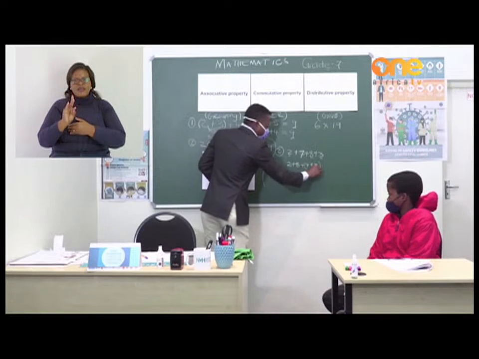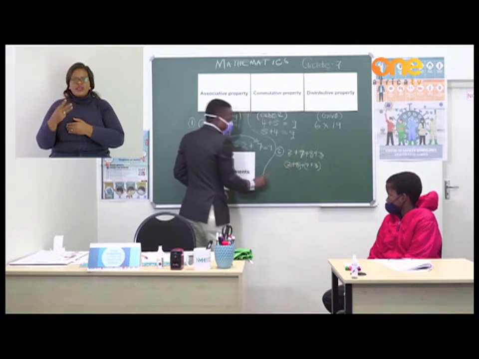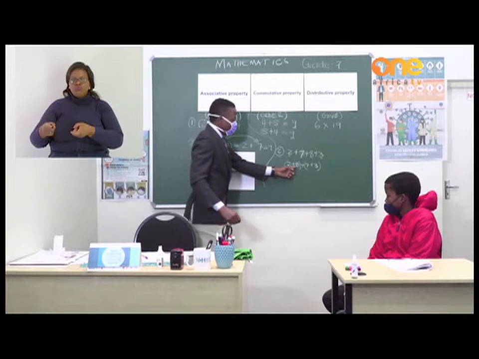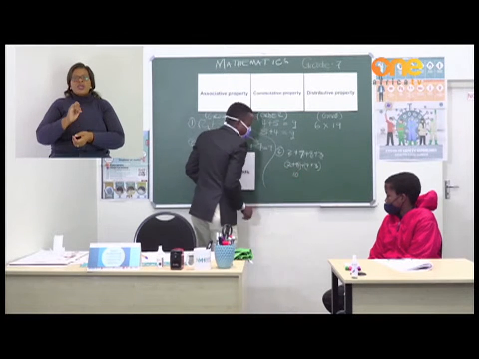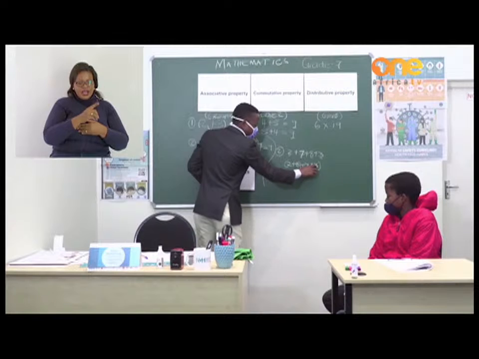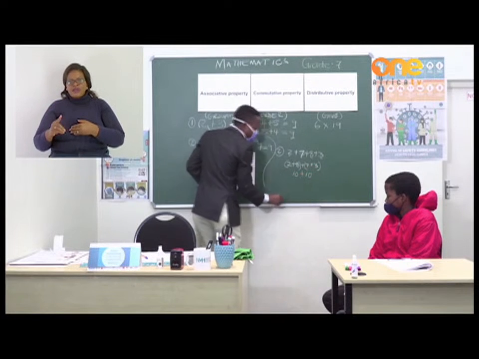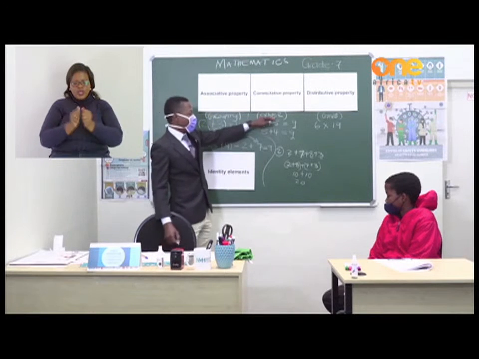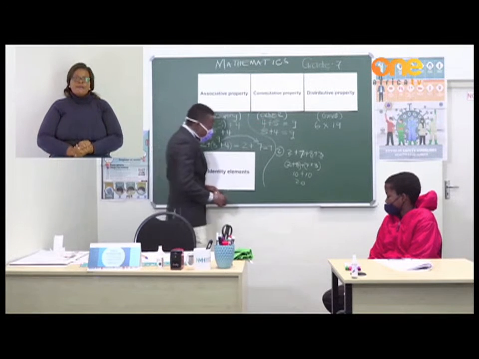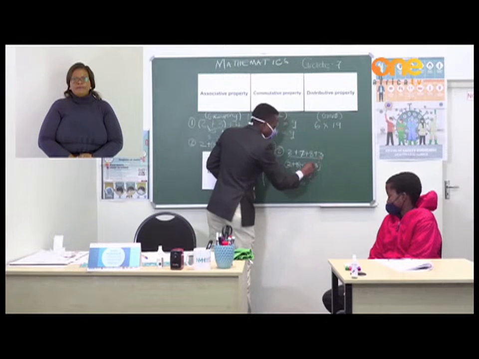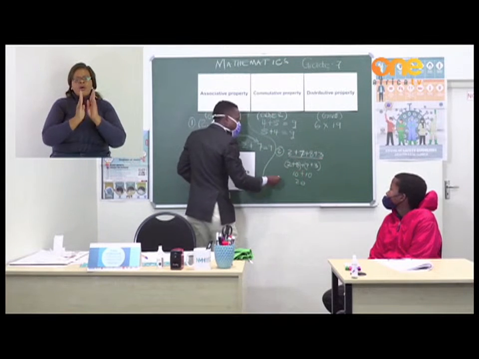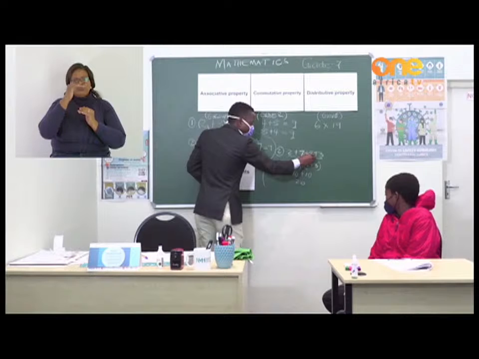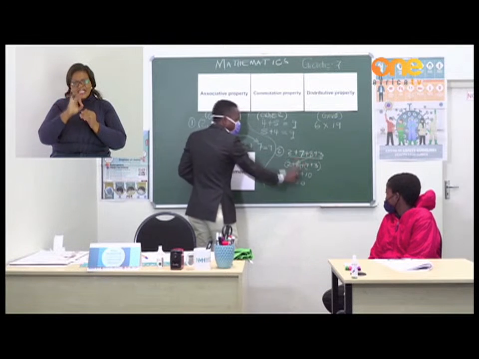If I add 2 to 8, I'll get a 10. If I add 7 to 3, I'll get a 10. And my final answer is 20. Now let's go back to the order. The order was in this manner, but you can see that 8 was here, but now 8 is second.